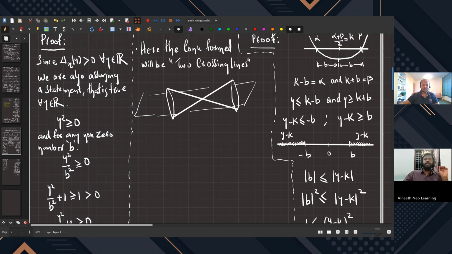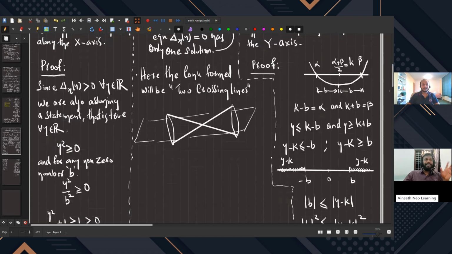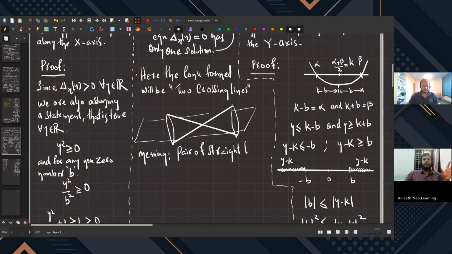Meaning, straight lines are also conic sections. That is the idea. Meaning a pair of intersecting straight lines.